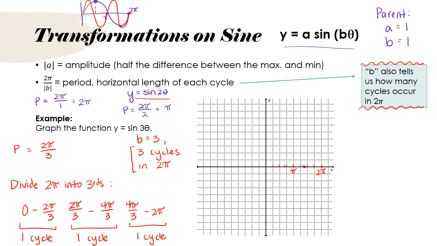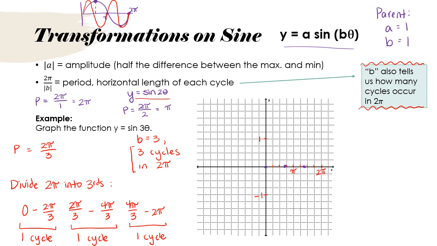Oh, where'd my other point go? There we go. And maybe I'll use the same scale for my y-axis as we did before. So up 4, that's going to be 1, down 4, that's going to be -1. Of course, I kind of jumped over this, but our amplitude for this equation is still just 1. We haven't changed A.